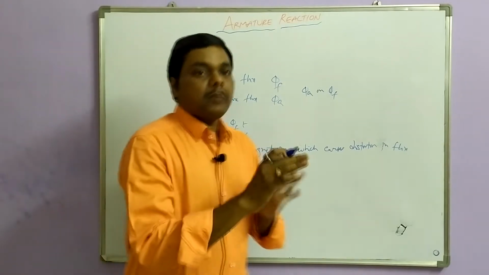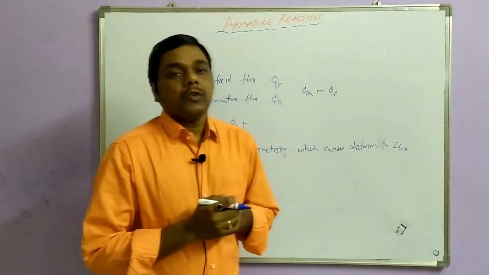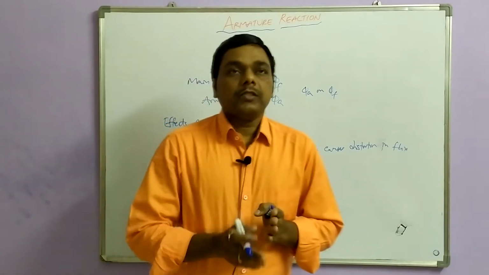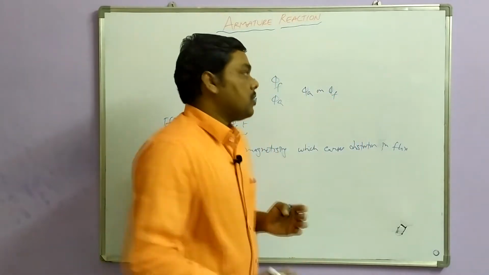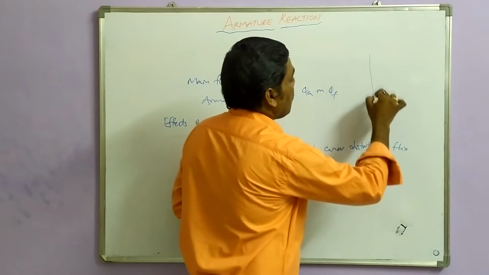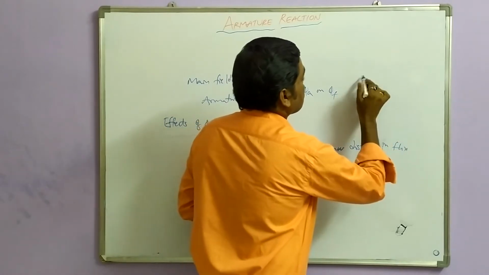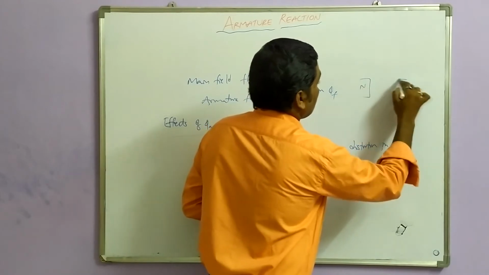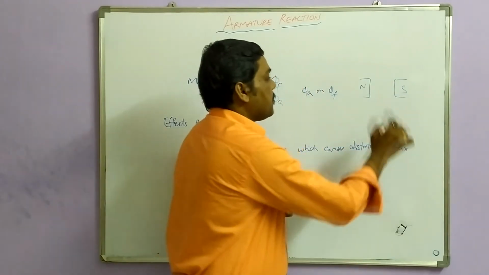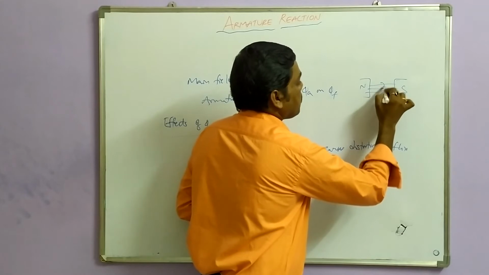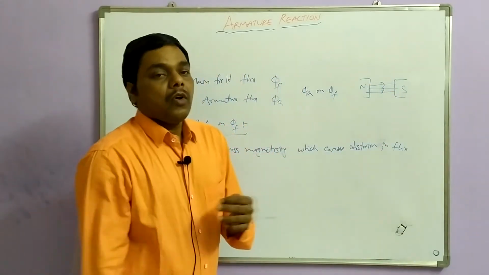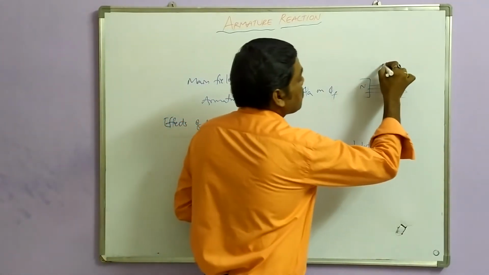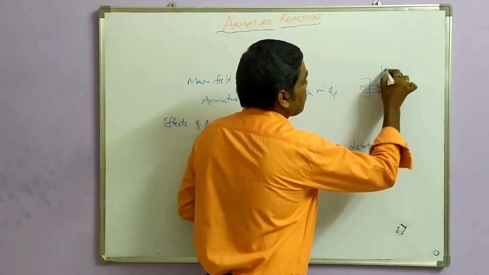Distortion is nothing but disturbance in the flux lines. Suppose we are assuming this is the armature flux flowing from north pole to south pole. Main field flux is flowing from north pole to south pole, whereas the armature flux is going in this direction.